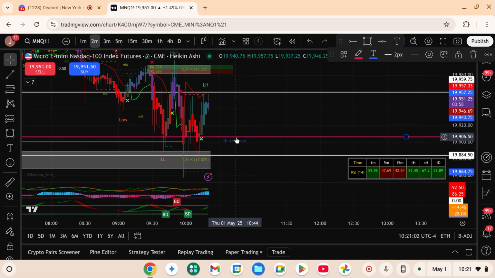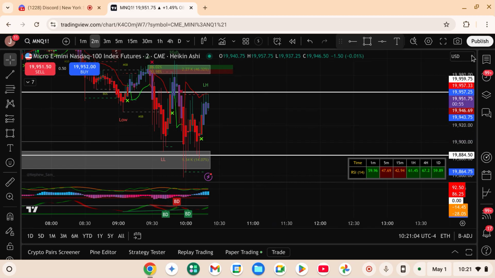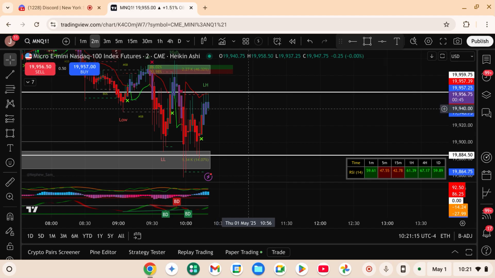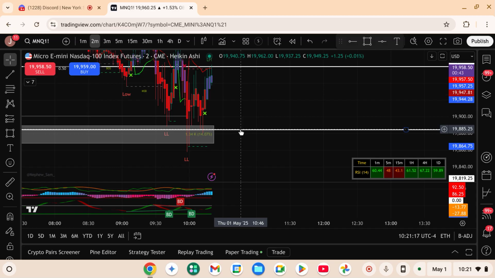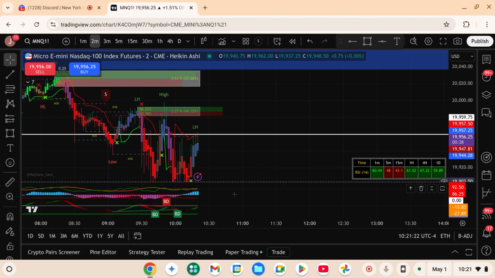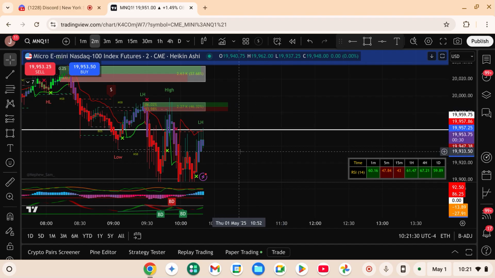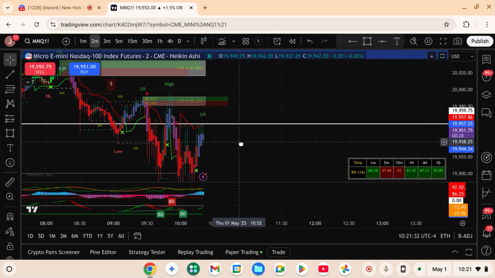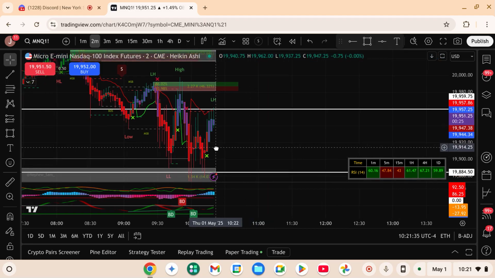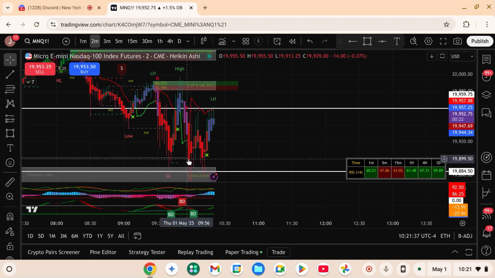Get rid of this. So that leaves us with two options. Take longs from here, or take shorts from a break here. That London low is no longer valid. The body of the candle already came into it, which was this candle here.